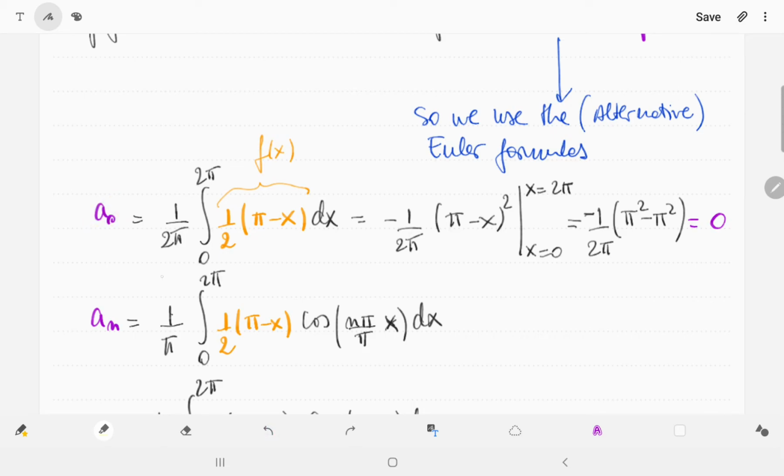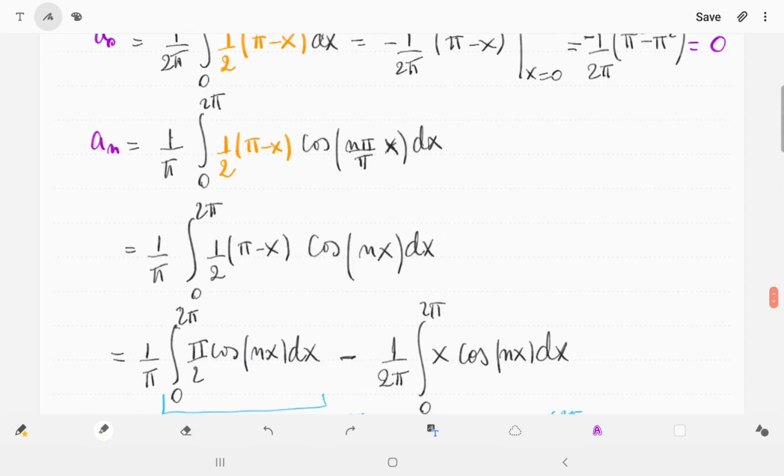Notice that the period is 2 pi here, and we are using the alternative Euler's formula with 0 and 2 pi instead of minus pi. We find an antiderivative of f, evaluate at the extremes of the interval, and we get 0. So we already have the first value: a0 is equal to 0.